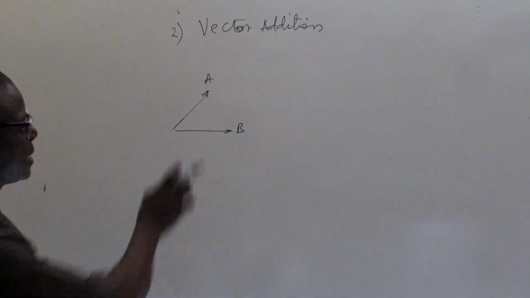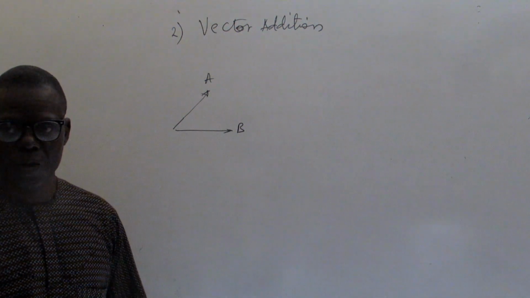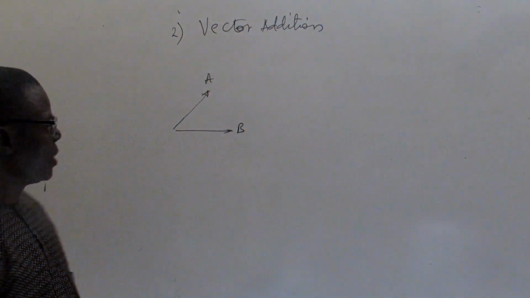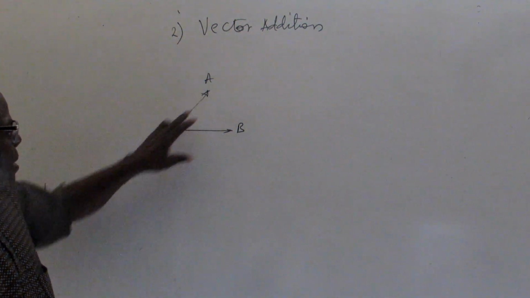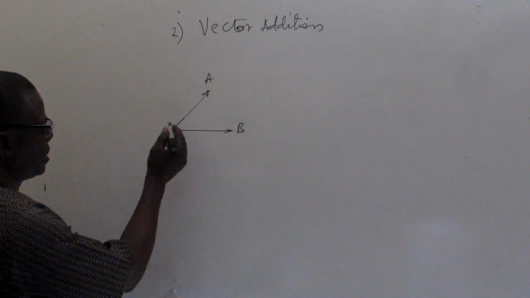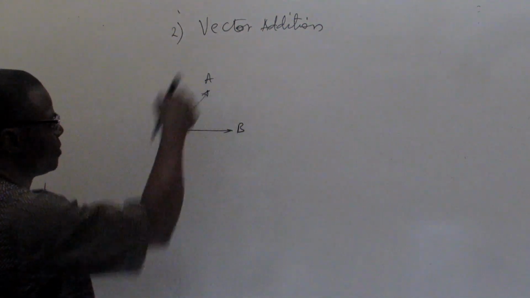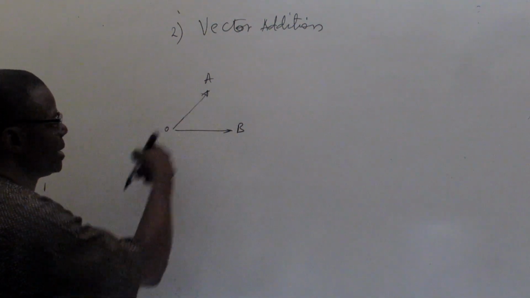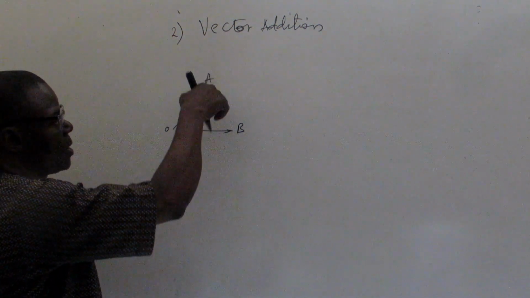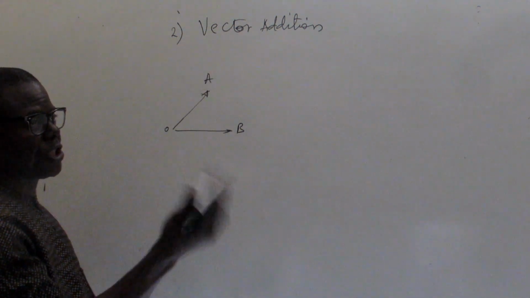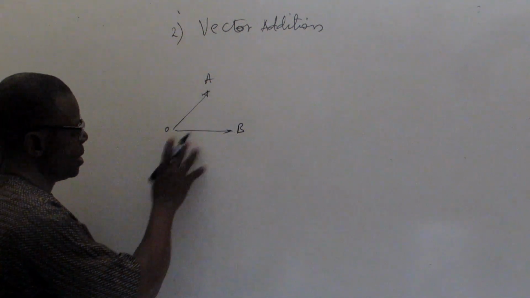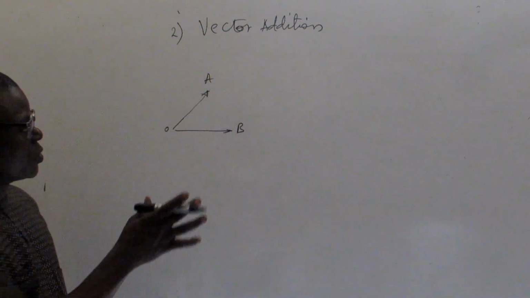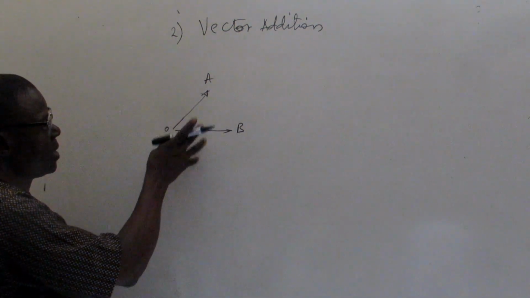If we want to add these two vectors, what do we do? You see that the origin, this point, is called the tail, and the head here is the tip. In this case, the two vectors will be added tail to tail.